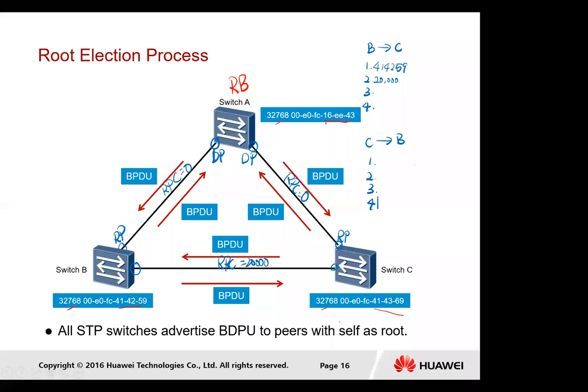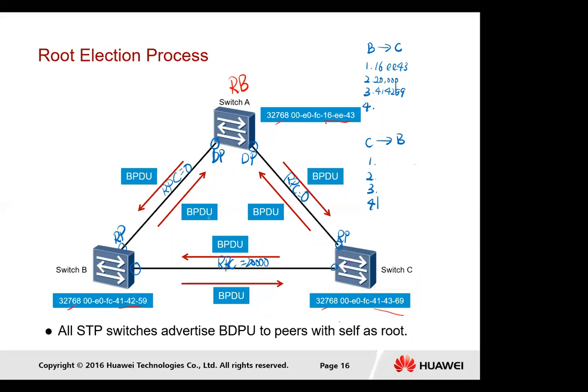Let me just clean up a bit. All right. So for this one, the root bridge ID is 16EE43. This is the root bridge ID. This is the root path cost to the root bridge, and my local bridge ID is 414259.